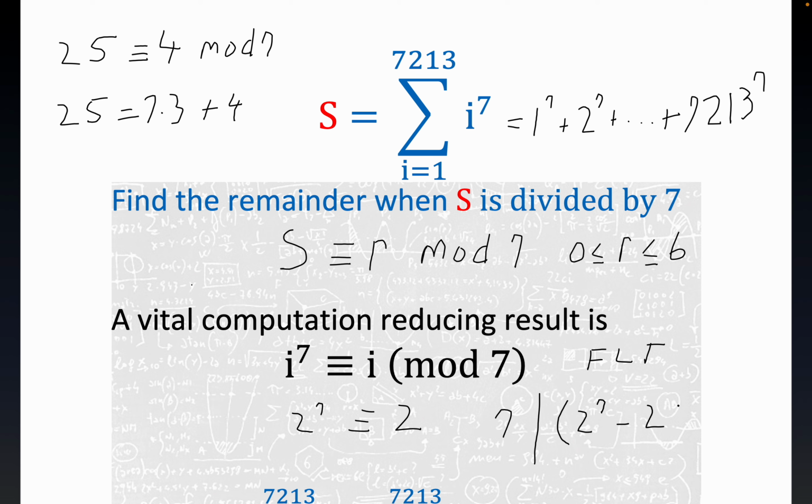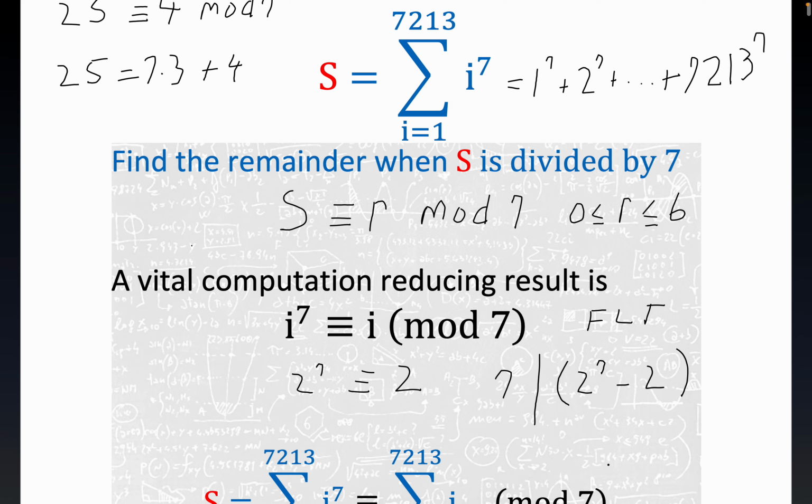If you don't trust it, let's see, what is this number? 2 to the 7th is 128, minus 2, so 7 divides 126.